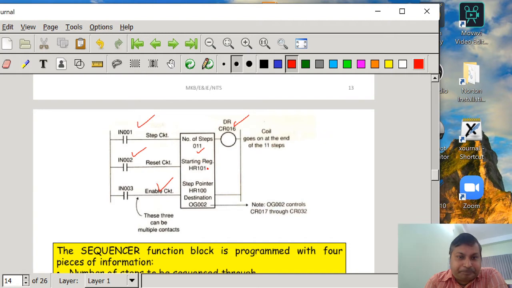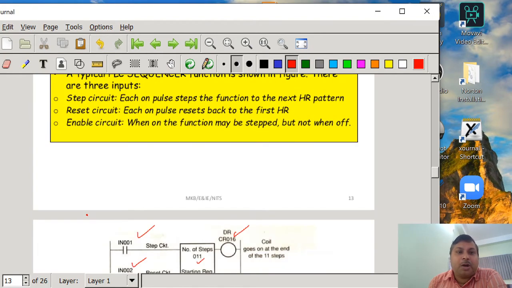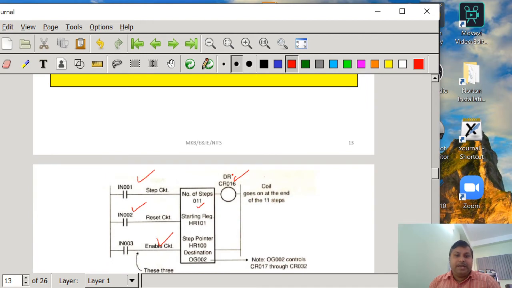Then each pattern, when it is executed, the output is transferred to the designated register, that is the output group register OG002. So let us try to understand how it is working. The step circuit: each on pulse steps the function to the next HR pattern. As I said, in HR101 you will write the particular pattern you want to execute, and in HR102 you will write another pattern.